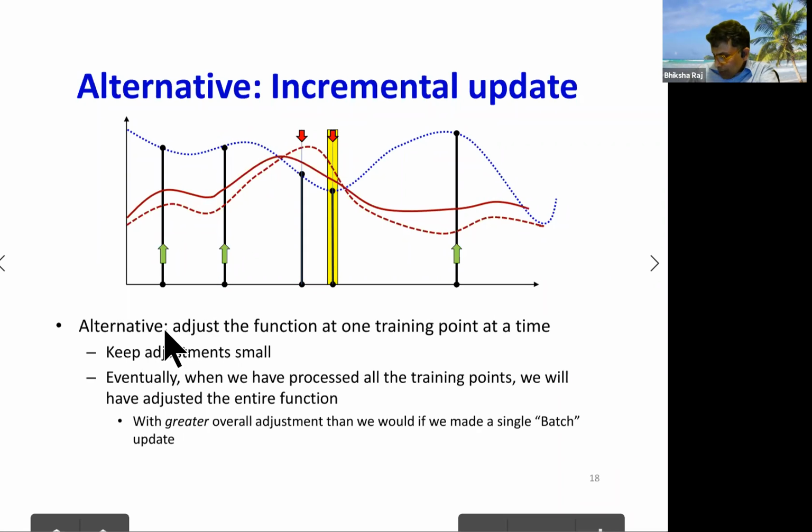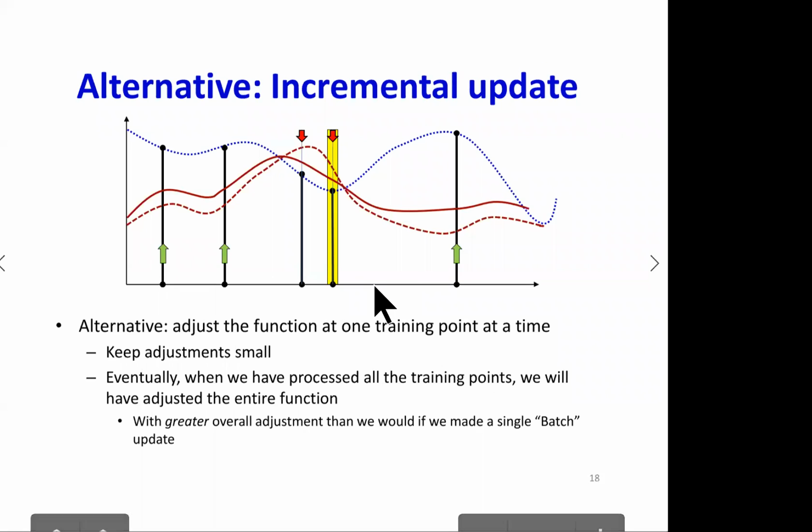And at each point, we're going to keep the adjustments small. And eventually, when we have processed all the training points, we would have adjusted the function at every one of the training points and got an overall adjustment. Also, now, instead of making a single update after processing all the training points, we would have made an update after each training point.